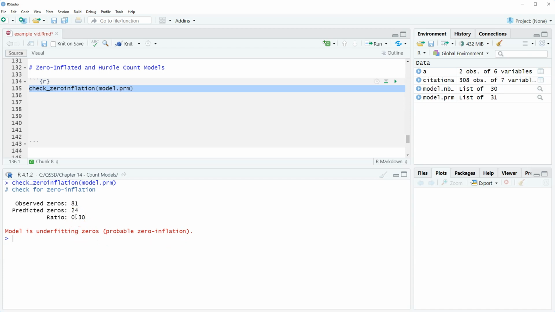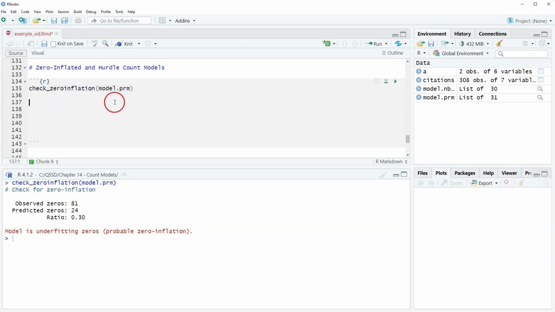I find it kind of funny because with the negative binomial the text was, model seems okay, and it was predicting 96%. This should say the model is doing a terrible job. Model is seriously underfitting zeros.